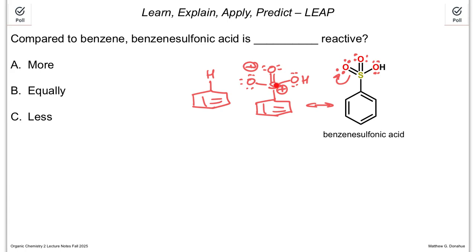And since that element's in the benzylic position, it's positive, it then pulls electron density out of the ring.